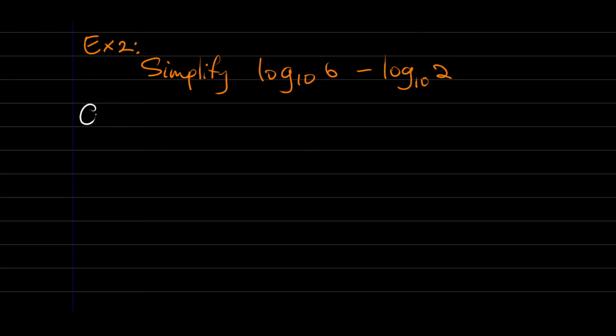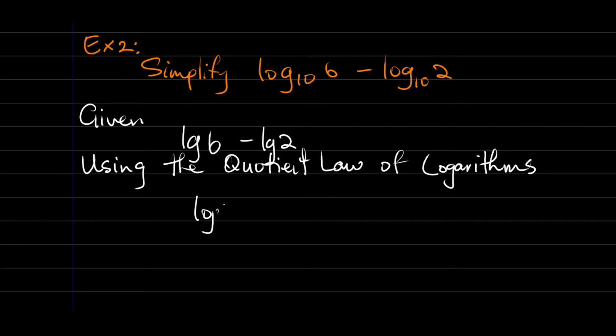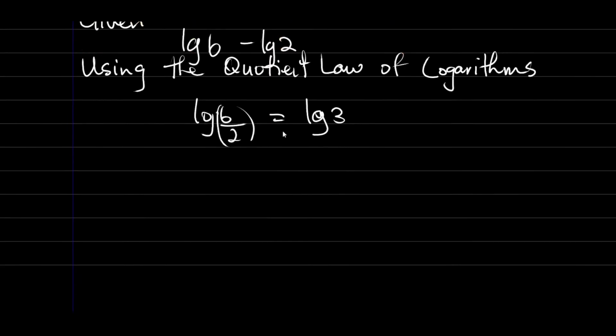All right, so we're given log 6 minus log 2 using the quotient law of logarithms. We're going to get that log of 6 divided by 2 is going to be equal to log of 3. Right, and that's your answer right there for this one.